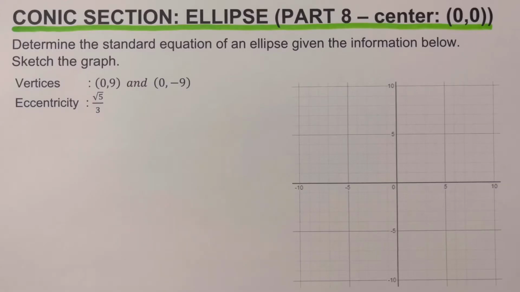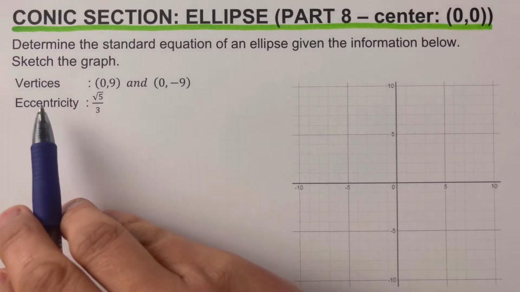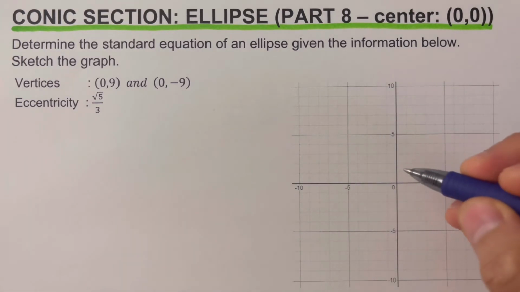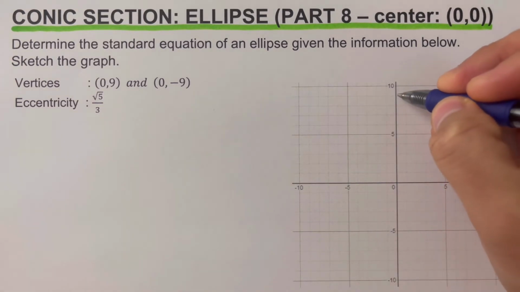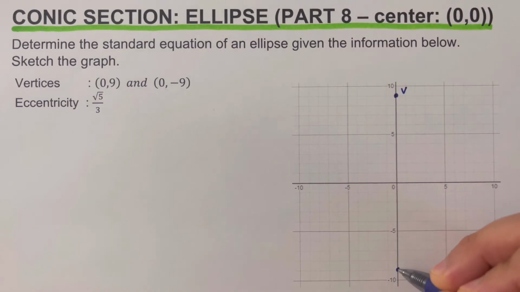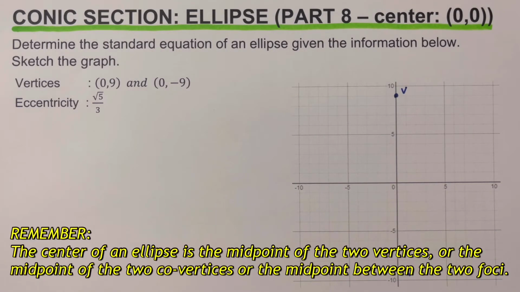Okay, going back to the problem right here, where we are given the coordinates of the two vertices, and we're going to plot this. So that's (0, 9). This is our first vertex, and the other one is (0, -9). That's the other vertex. From here, we can say that the center of an ellipse is the midpoint between the two vertices, or the midpoint between the two co-vertices.